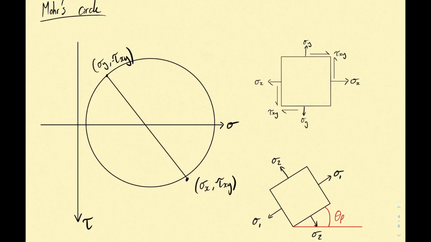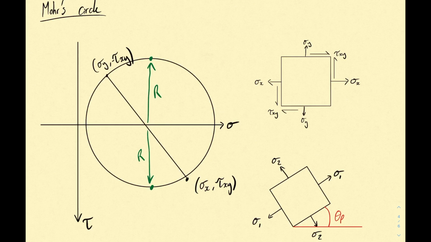So clearly on the diagram, the maximum and minimum shear stresses are basically the top and bottom of this circle. And that is just going to be the radius, okay? So you'll have the minimum shear stress at the top and the maximum shear stress at the bottom.